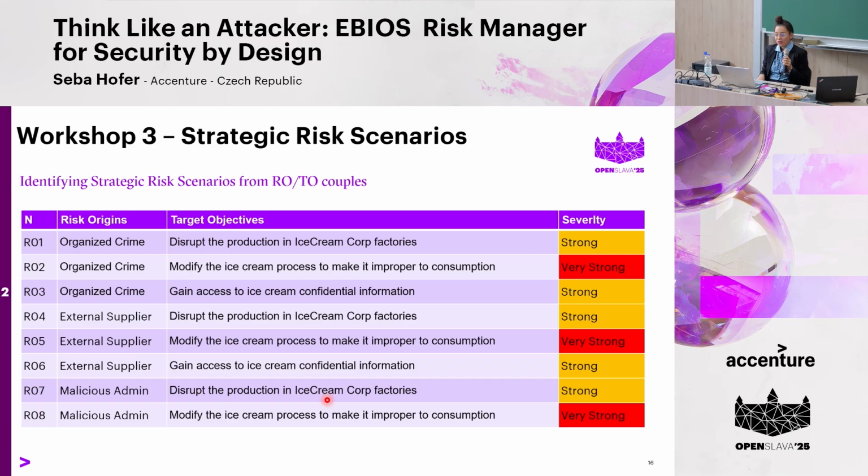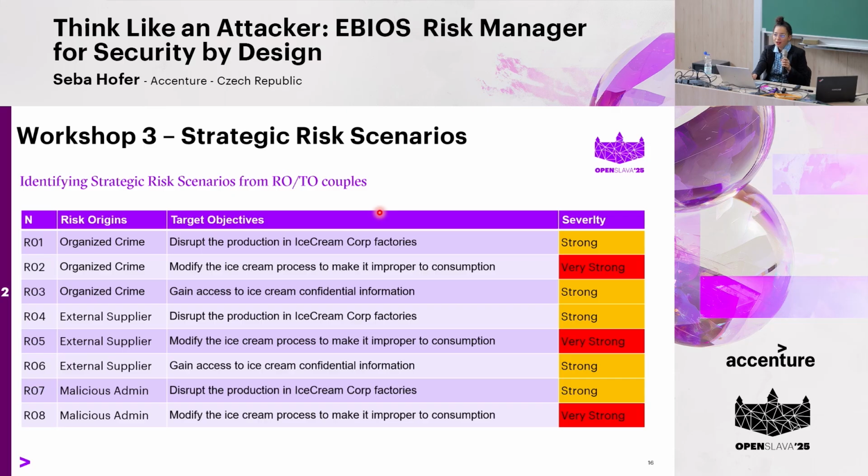And so now we're going to go to workshop 3. Basically in this workshop 3, the exercise is to actually study the attack path for each of the couples, so risk origin and target objective. We're going to go deeper into that.